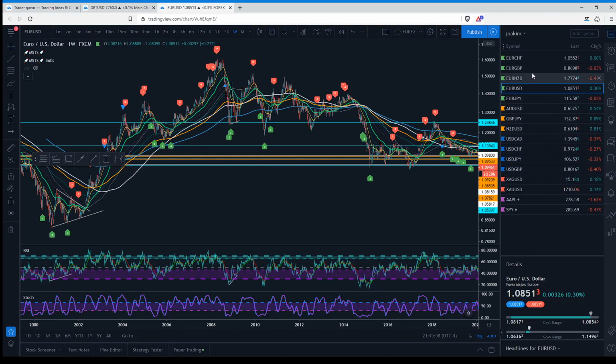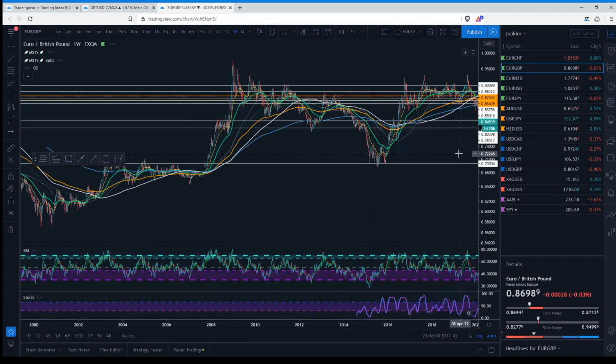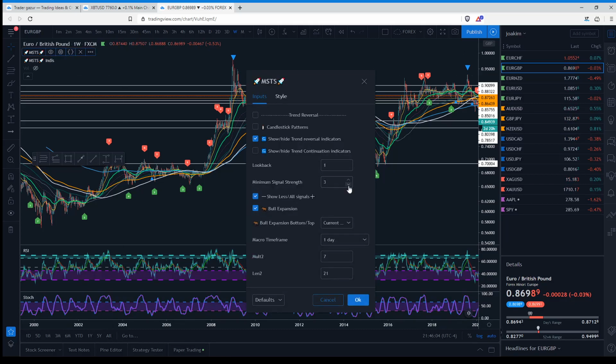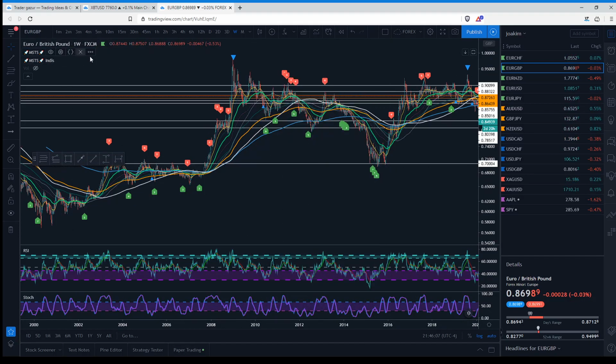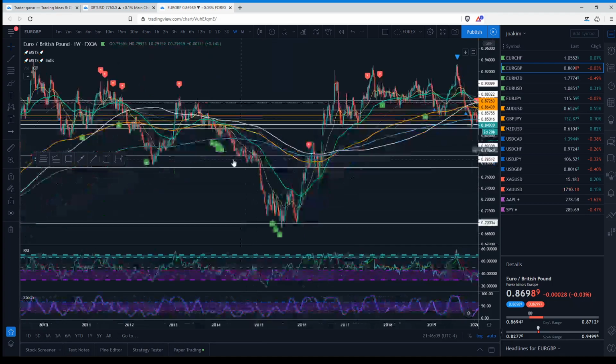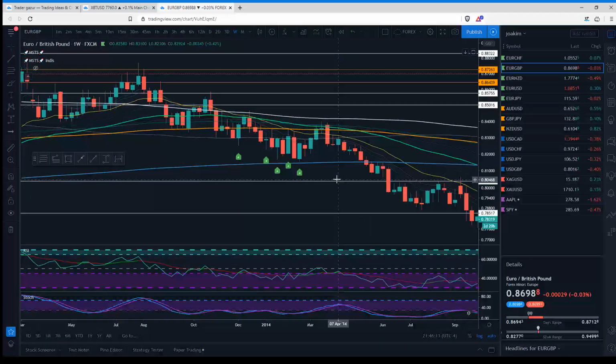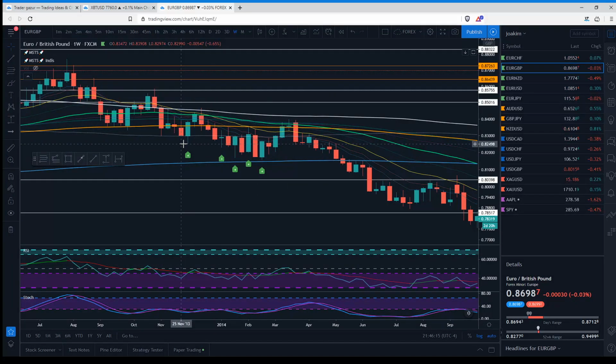Okay, this one isn't too good. Let's see, the British pound. And last one. Oof, smells like a fake out. No divergence.